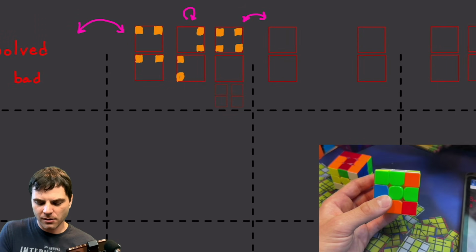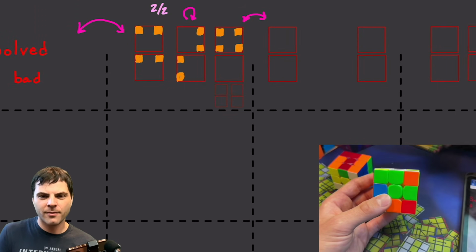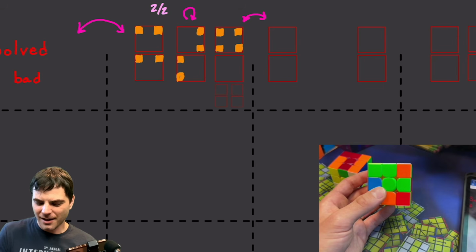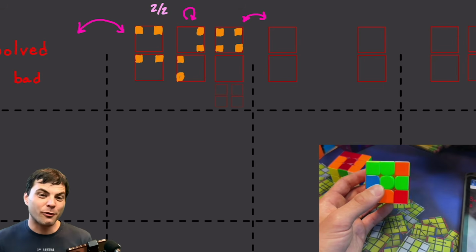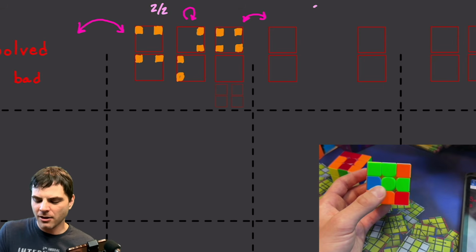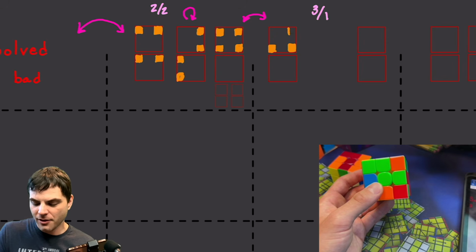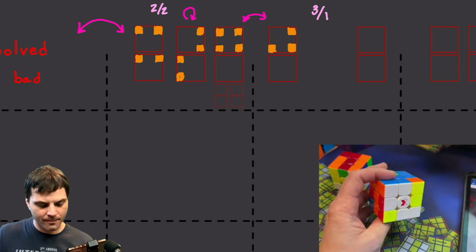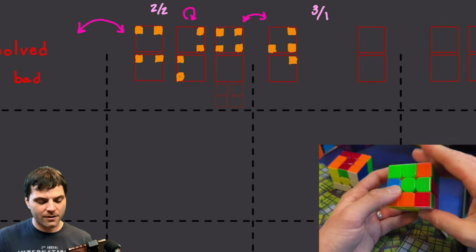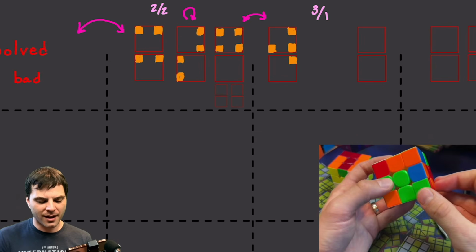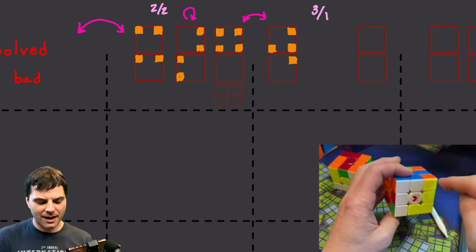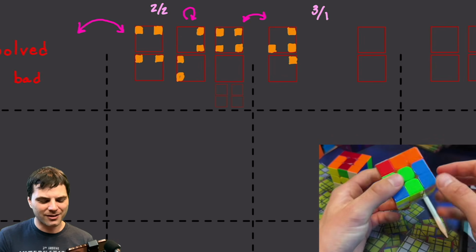This one I like to call the 2, 2 column, because everything's always 2 and 2, whether it's 2 on the top, 2 in the bottom, 2 in the front, 2 in the back, things like this. This column I call the 3, 1, because everything's always 3, 1. You'll have 3 on one side and 1 on the other, whether that is the front and back, or you could have 3 on one side on the top and 1 on the bottom, but it's always that 3, 1.